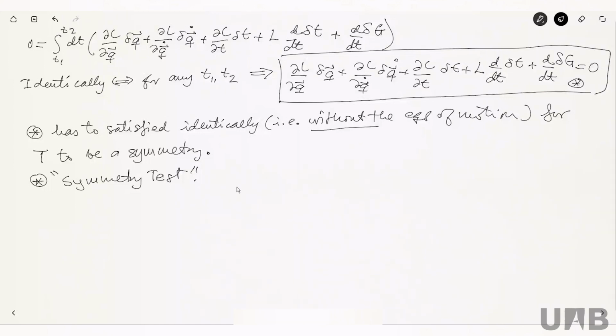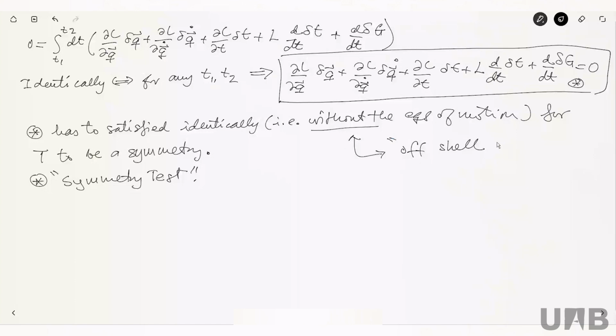What we see so far is that for T to be a symmetry, this condition has to be satisfied without using the equations of motion. Without using the equations of motion is sometimes called off-shell.